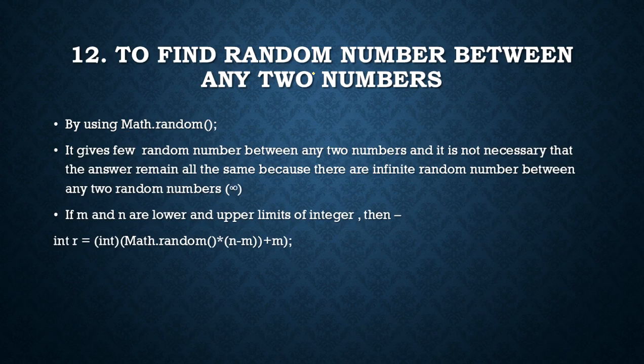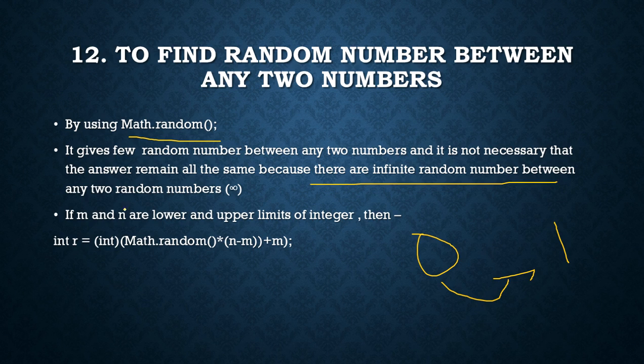Next one is to take a random number between any two numbers. If we use Math.random, we can get a random number between any two numbers. It is not necessary that the answer remains the same. Why? Because if I give you 0 and 1, between any two numbers there are infinite random numbers.